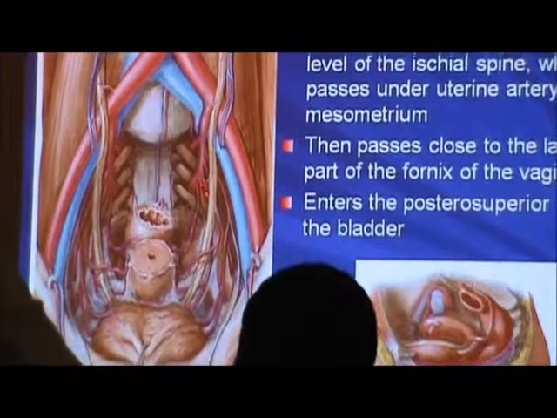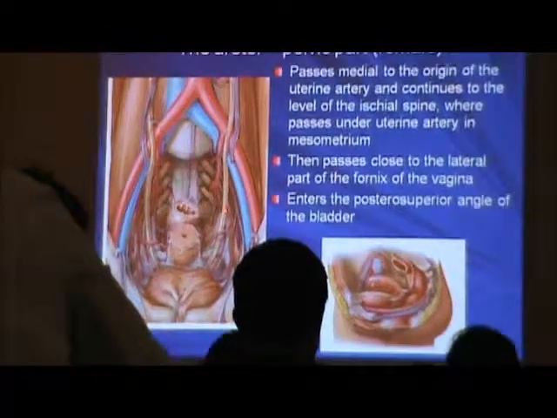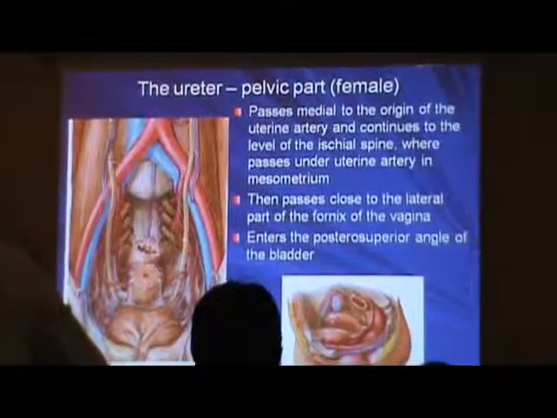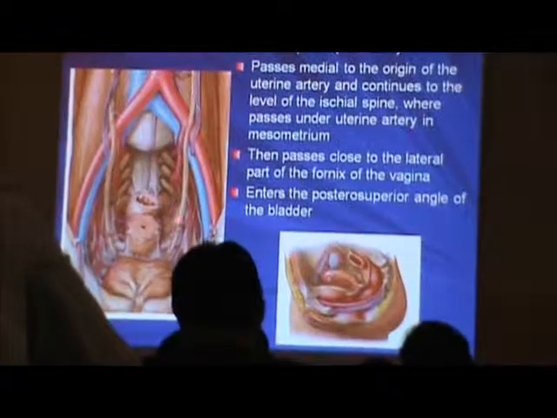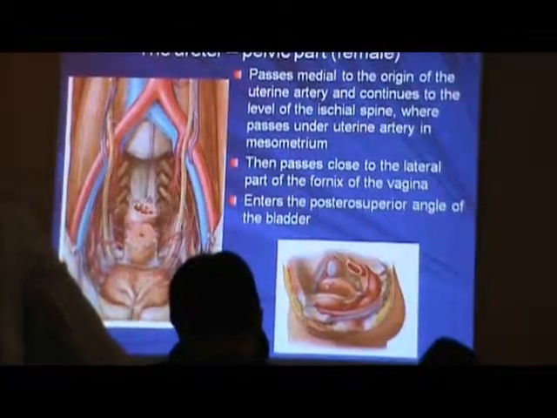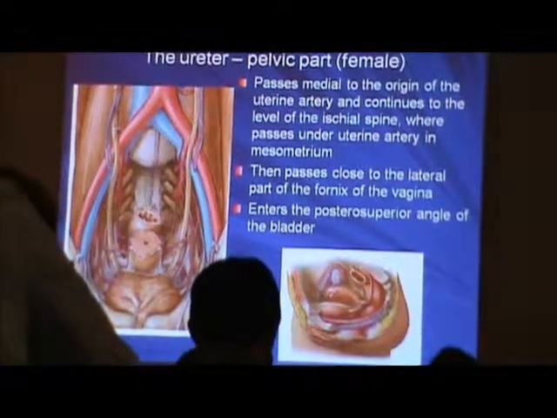Firstly, the ureter passes medial to this uterine artery and continues to the level of the ischial spine, where it passes under the uterine artery in the mesometrium.